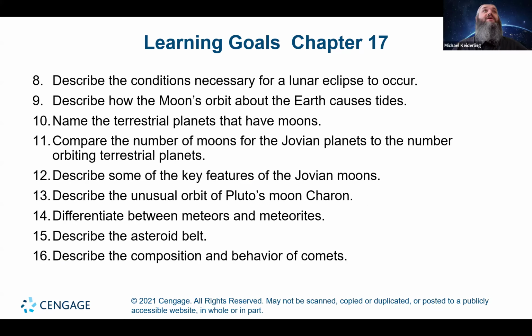That's pretty easy. We'll compare the number of moons for the Jovian planets to the number orbiting terrestrial planets. We'll describe some of the key features of the Jovian moons. We'll talk about the unusual orbit of Pluto's moon Charon. We'll differentiate between meteors and meteorites. We'll talk about the asteroid belt and the composition and behavior of comets.